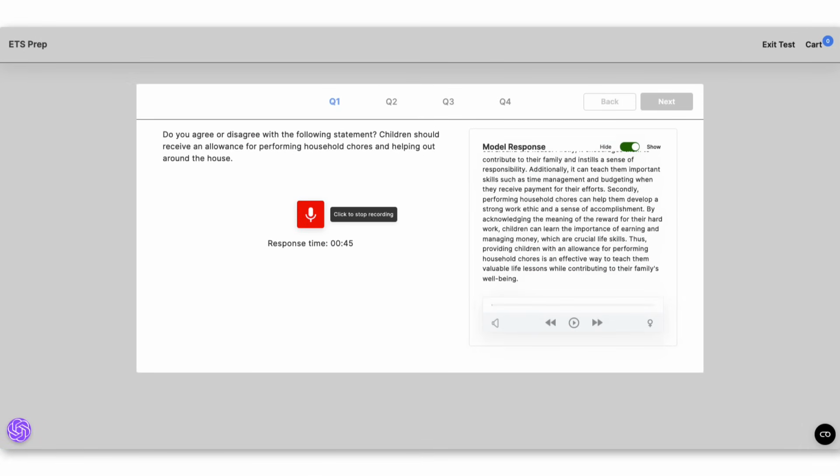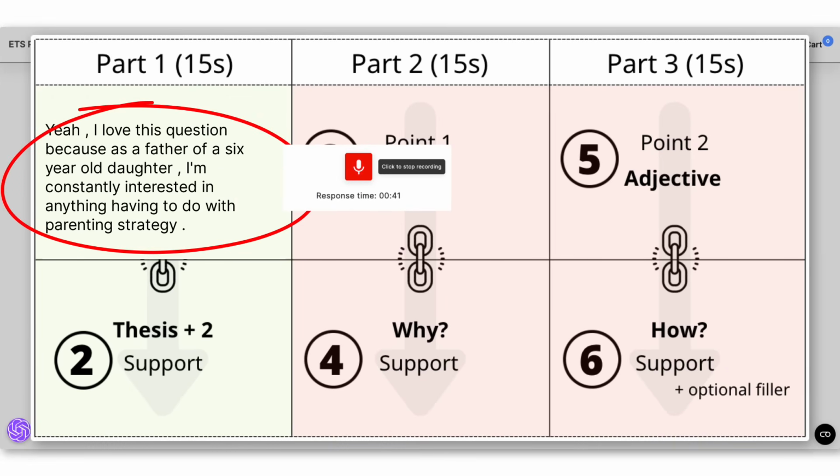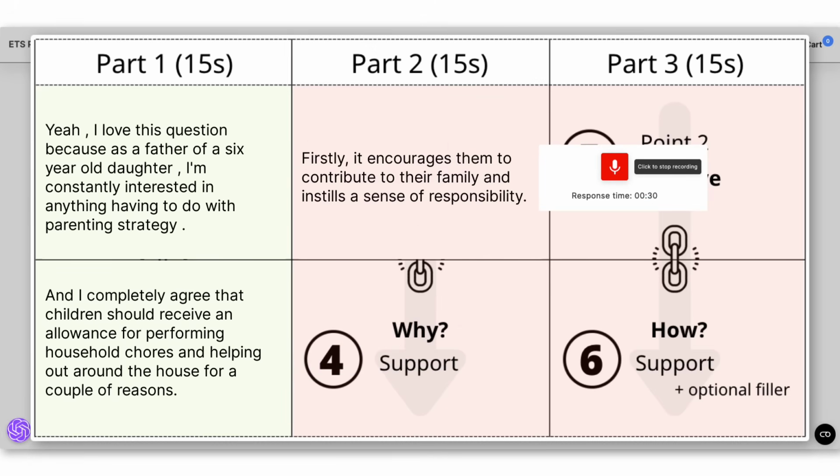I love this question because as a father of a 6-year-old daughter, I'm constantly interested in anything having to do with parenting strategy. And I completely agree that children should receive an allowance for performing household chores and helping out around the house for a couple of reasons. Firstly, it encourages them to contribute to their family and it instills a sense of responsibility.